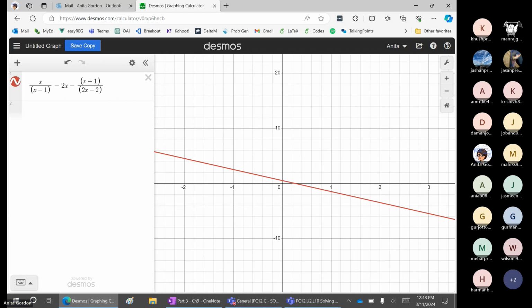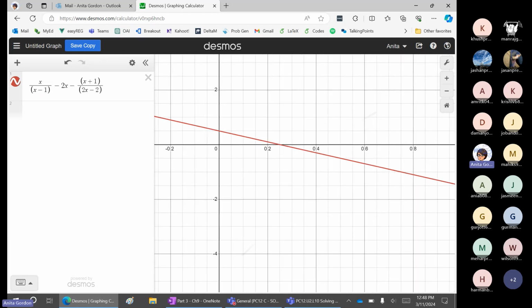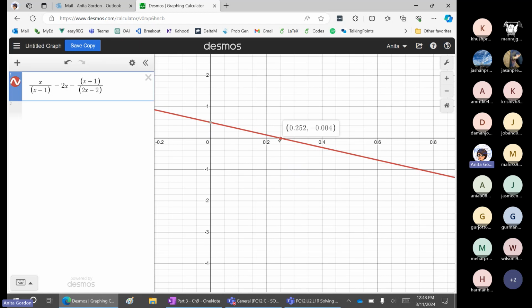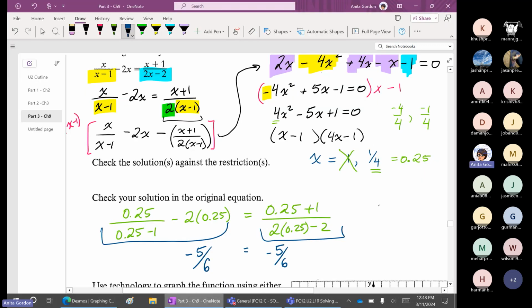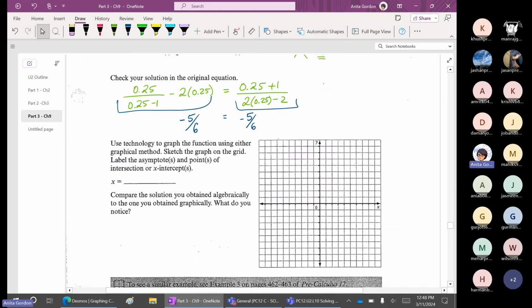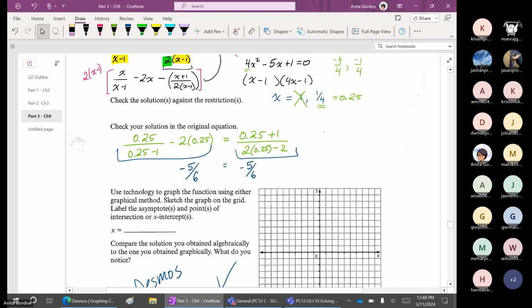Okay. I can see I have an x-intercept right here. And it tells me that my x-intercept is 0.25, which is exactly what we got. So Desmos gives me the same answer. I'm just going to say Desmos here. So my solution is 1/4.